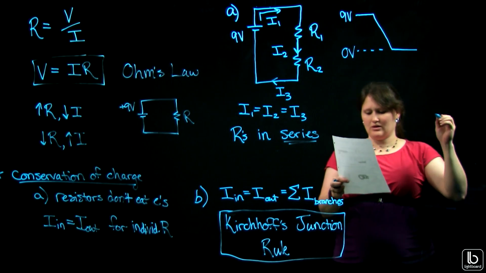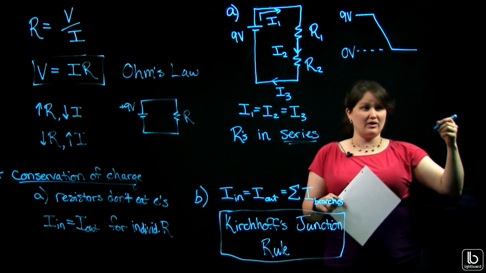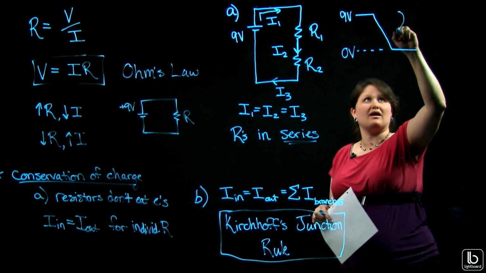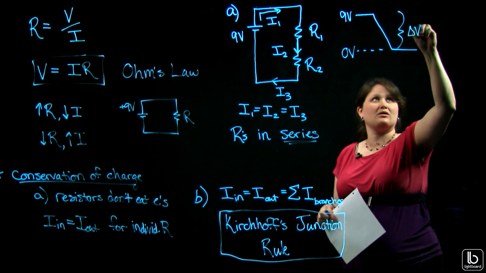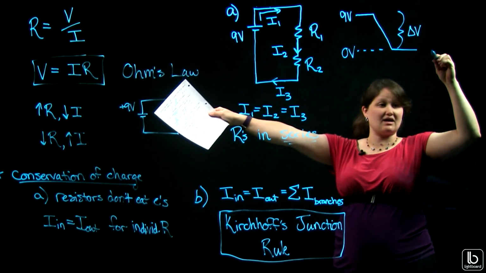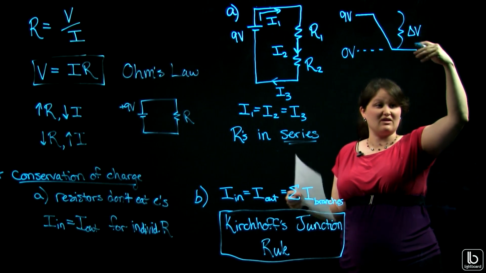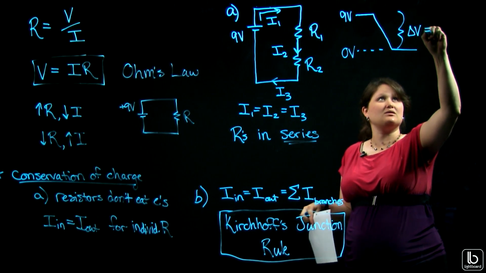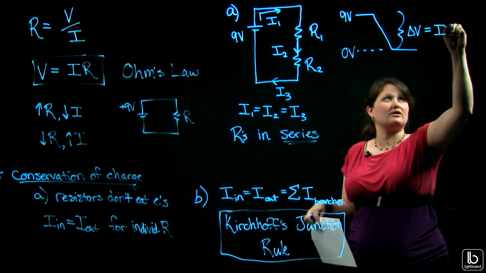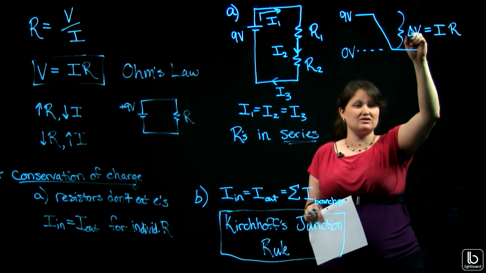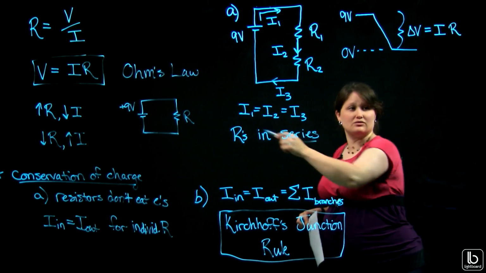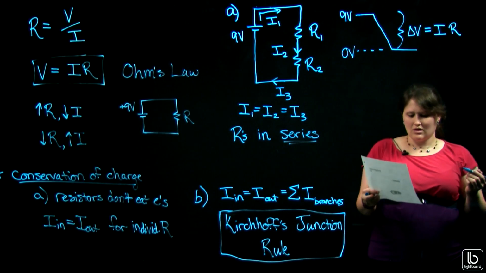Now, something I want to point out, this is my voltage drop. Well, Ohm's law says that voltage drop, that voltage is equal to current times resistance. Now, this is true for this individual resistor over here.